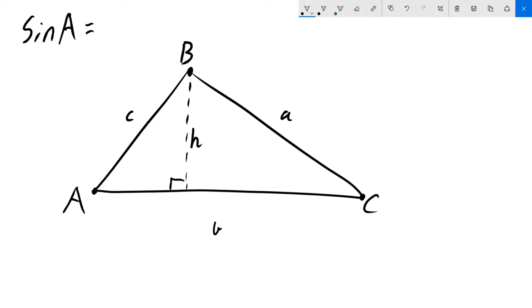It equals what? Well, first let's write SOHCAHTOA. Sine is opposite over hypotenuse. So the opposite of A is H, over the hypotenuse, which is C. Now don't get confused that this here is the hypotenuse.